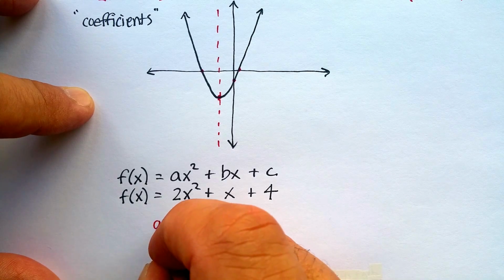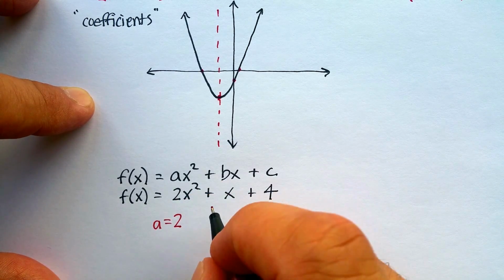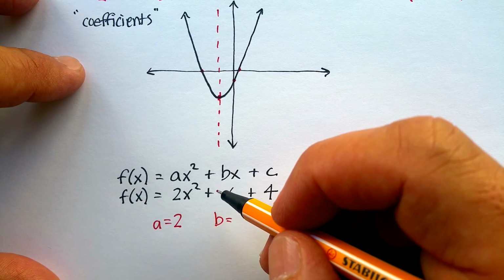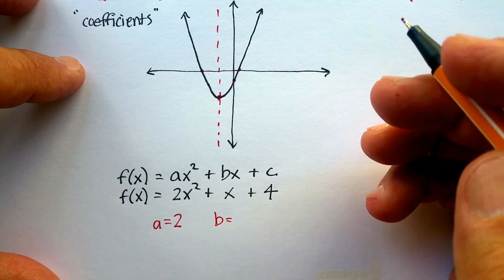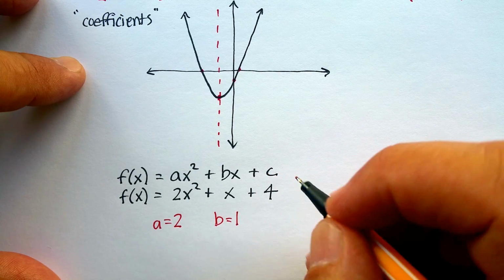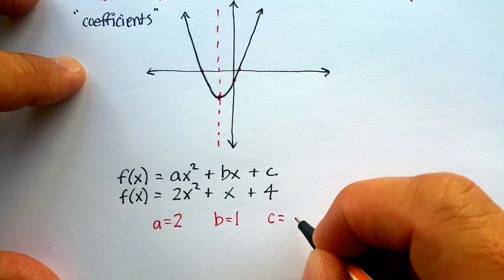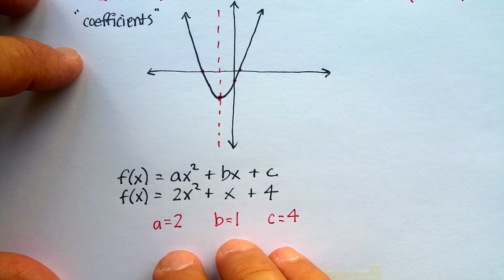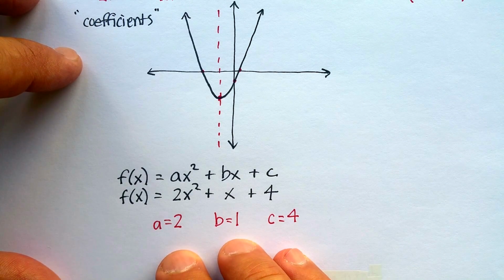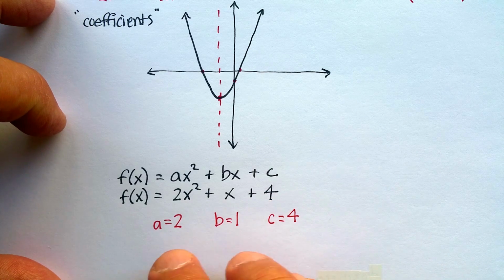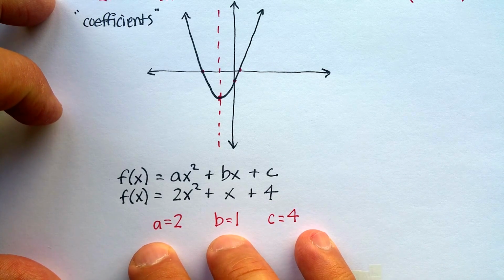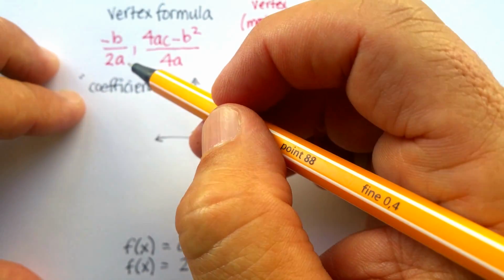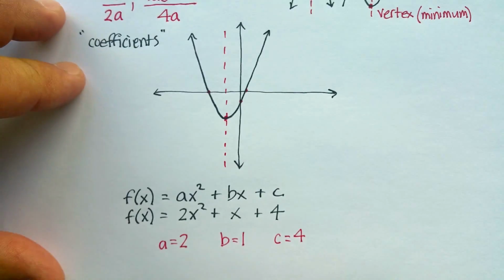The a here is 2. The b doesn't look like it has a number, right? But remember, what is the number that's understood to be in front of a variable if there's nothing showing up? We know that it's always 1. And finally, the c in this case would be equal to 4. So we're going to be able to figure out where the vertex of this particular function is just by looking at the a, the b, and the c. Now let's go ahead and plug them into the formula that we wrote up here.